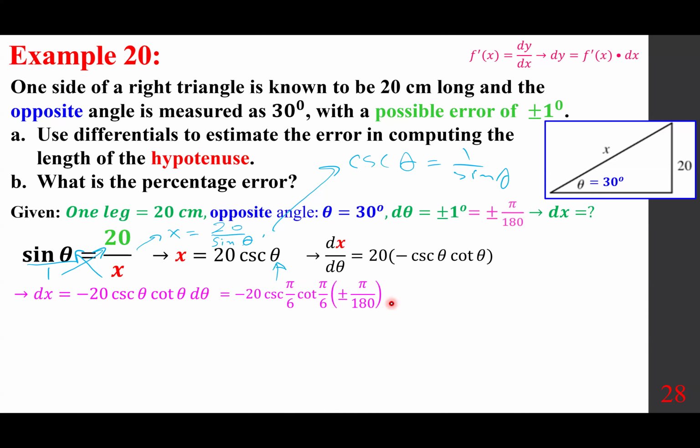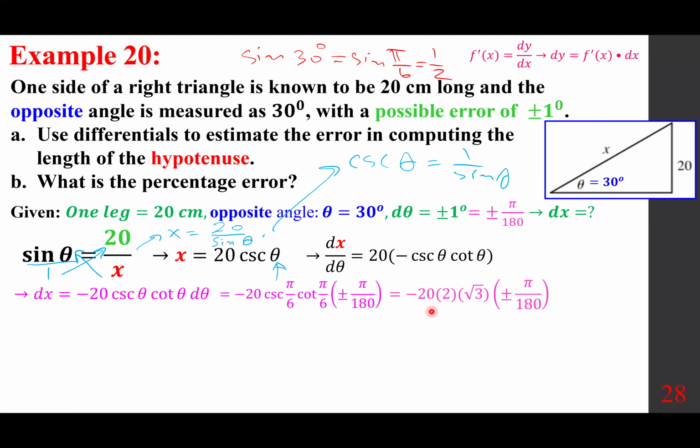As far as the exact answer for this one is concerned, cosecant, remember, is 1 over sine. As you recall, sine of 30 degrees, or sine of pi over 6, is 1/2, which makes cosecant, the reciprocal of that, 2. Cotangent is square root of 3.